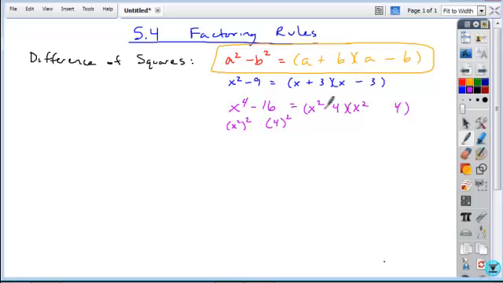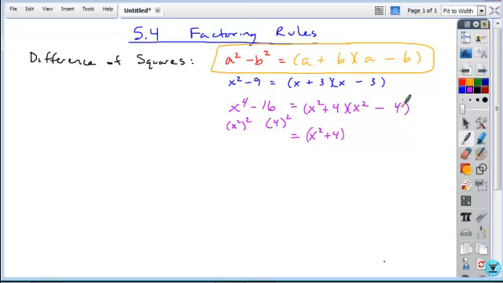So you take those two terms, you take the sum and the difference of those, and you factor them. Now, you're not done yet. When you start to work with higher degree polynomials, you still have to cycle back through and look to factor everything completely. When we look back at this problem, the x squared plus 4 can't be factored any further, so we leave that as it is.